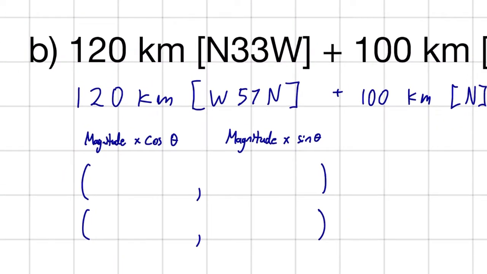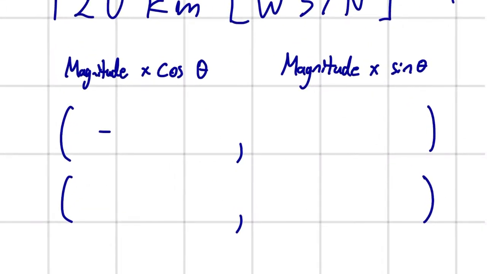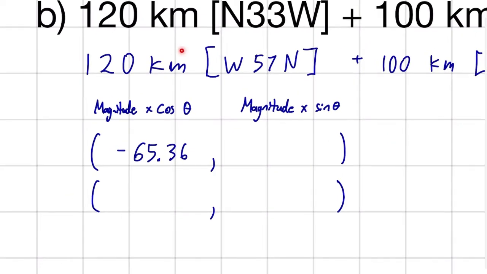So with this first vector, how can we write this? Well, magnitude is 120 times cos theta, so times cos 57. Remember, make sure that your calculator is in degree mode. And again, that's 120 magnitude multiplied by cos theta, so cos 57.